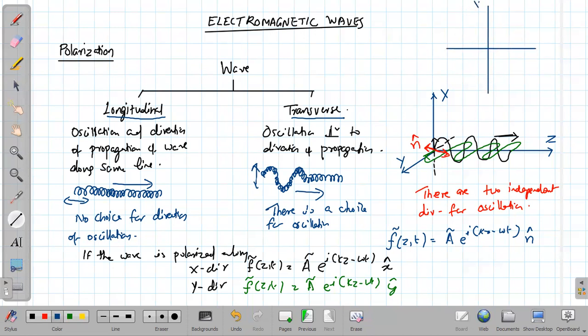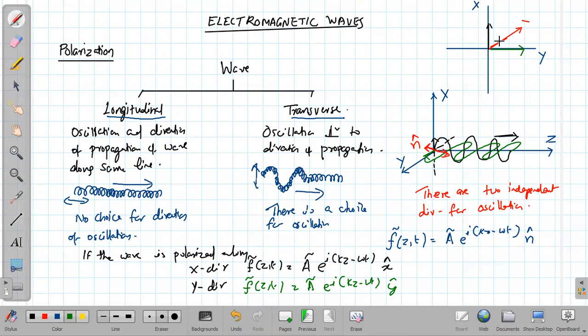So this is your x, this is your y. N cap is a unit vector. Now it can be resolved into two components: along the x direction, black color, and along the y direction, green color.